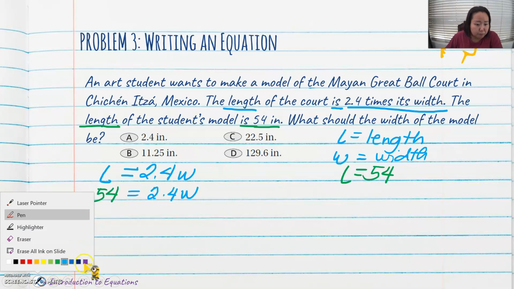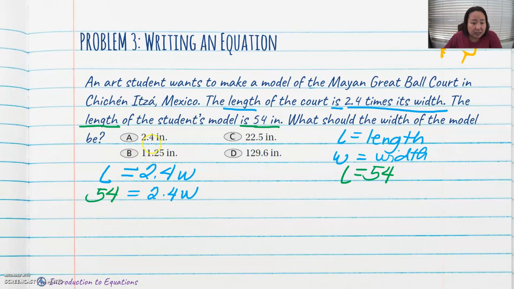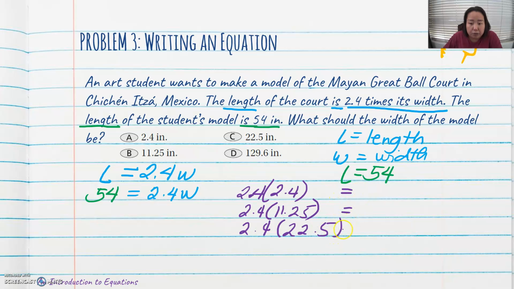You will notice that you will have 2.4 times the first choice. Let's say the W is 11.25, and then we have 2.4 times the other one, which is 22.5, and the last option, 2.4 times 129.6.